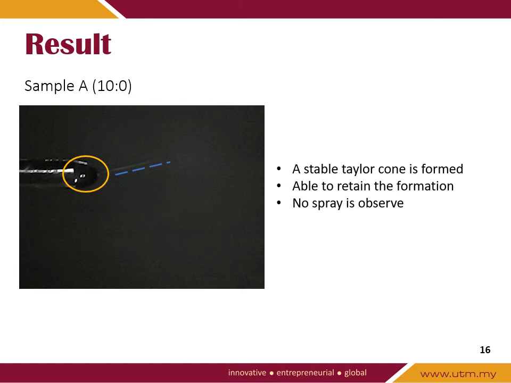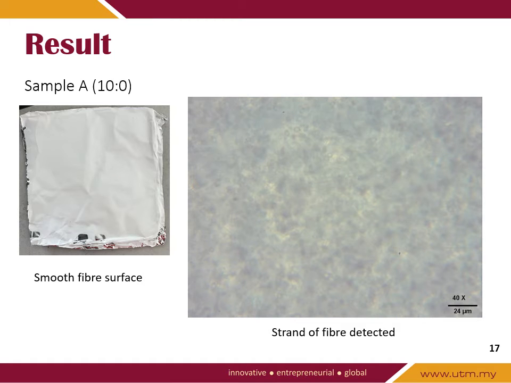In terms of the electrospinning process, for sample A, a stable Taylor cone is formed. The formation is maintained throughout the process and no spray is observed. This is the obtained fiber, which has a smooth surface, and in terms of the microscopic image, a strand of fiber is detected.